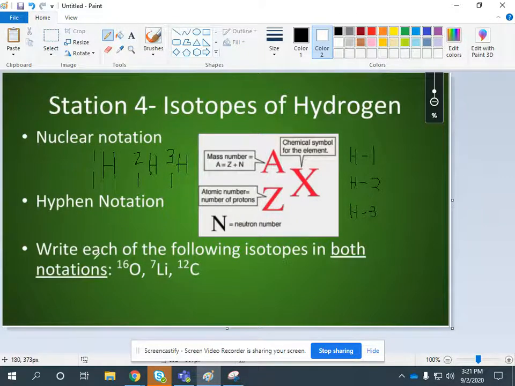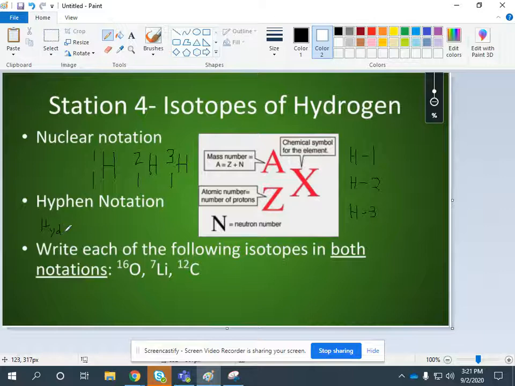Now, hyphen notation is a second way that we can write out different isotopes. And instead of just writing the symbols, we're actually going to write out the full name of the element. So the element that has the symbol H represents hydrogen. So I'm going to write out the word hydrogen.